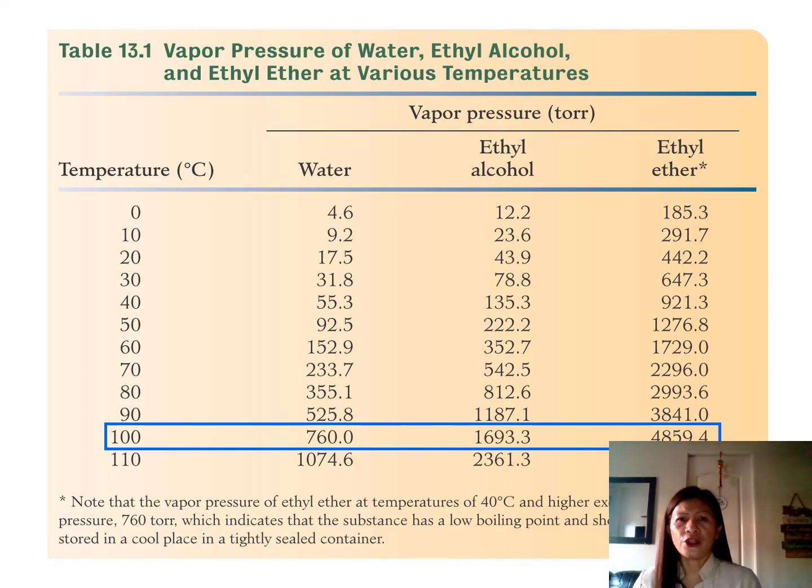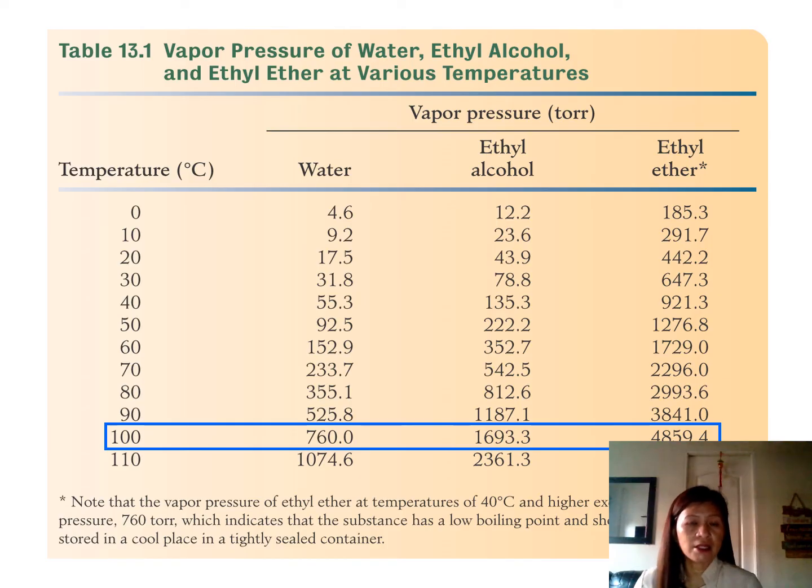So among the three, alin yung pinaka mabilis magbo-boil? Since the atmospheric pressure is 760 torr, mas mabilis mag-boil ang ethyl ether kasi mabilis niyang ma-reach yung same atmospheric pressure.